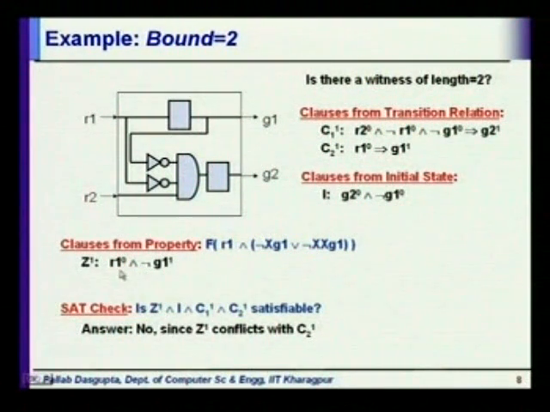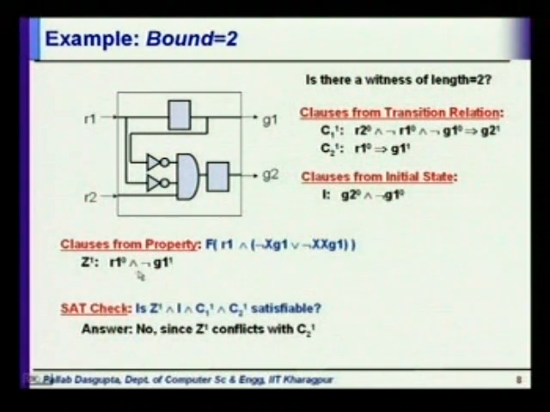Now, we pass all this to a SAT solver. Each of these clauses is a Boolean clause. There is no temporal operator involved in any of these, right. They are Boolean clauses over a set of Boolean variables.